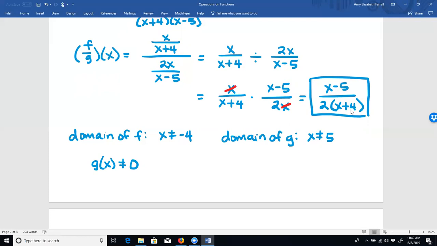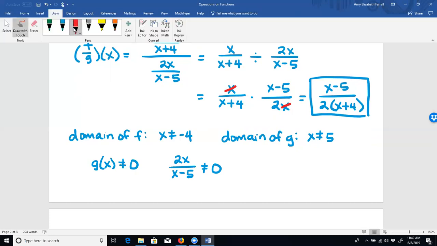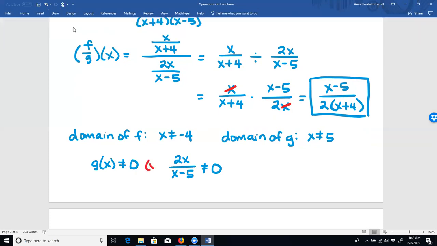So there's one more number that we're going to remove from the set of all real numbers to get the domain. So I'm going to set g not equal to 0. And I could multiply both sides of this by x minus 5 to clear my fraction.